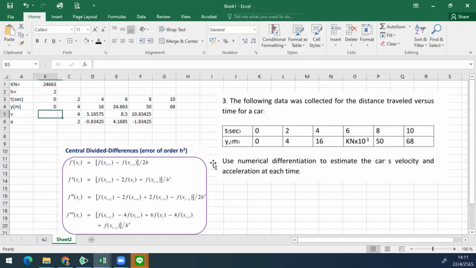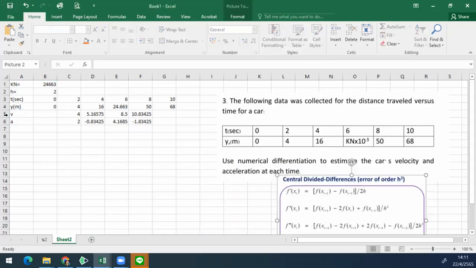And for the first data and the final data, for the first one we do not have the data previous to this one, so we cannot apply central difference or backward difference.